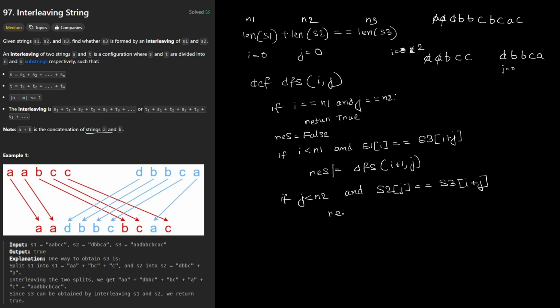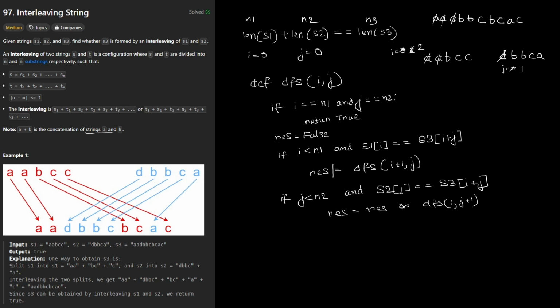Then I can say result equal to result or DFS of i remaining the same, j plus 1. So D and D we're going to remove, increment to 1. Then B, we can remove any one of them, so it doesn't matter.